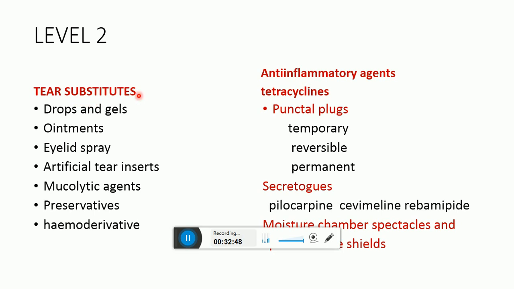Anti-inflammatory agents: topical steroids, oral omega fatty acids, other agents such as topical cyclosporine, tetracycline for meibomianitis and rosacea, punctal plugs, secretagogues, for example pilocarpine, cevimeline, rebamipide, moisture chamber spectacles and spectacle side shields. So this is level 2 treatment.